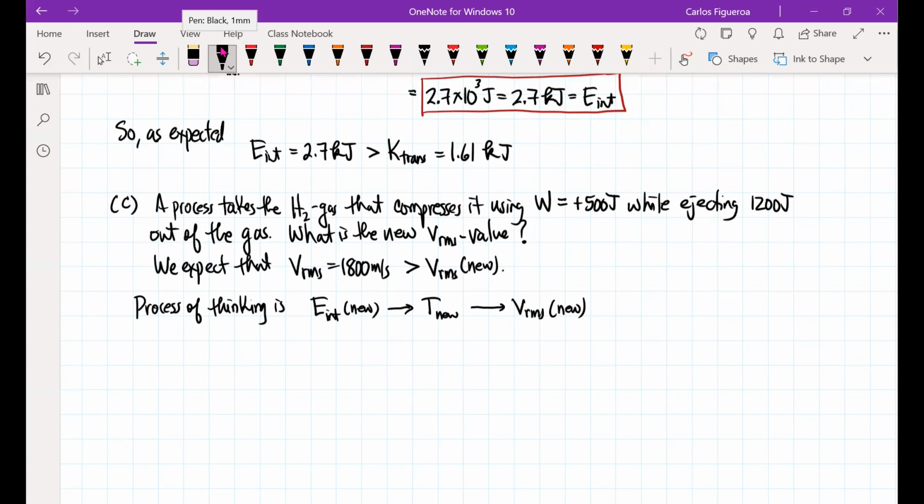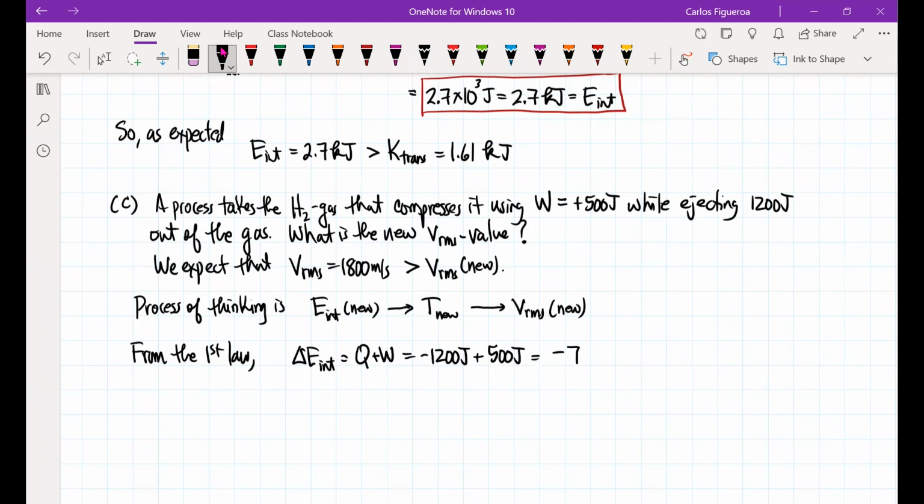So from the first law, we see that the change in internal energy, which is heat plus work, is going to be minus 1,200 joules plus 500 joules, which gives us minus 700 joules for the change in internal energy.